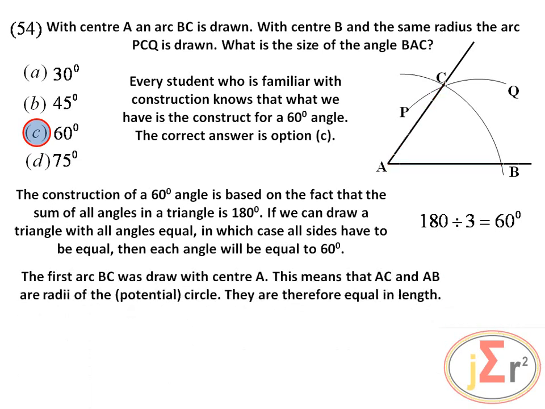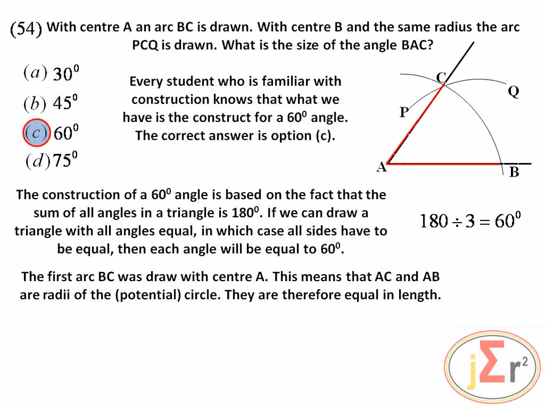The first arc BC was drawn with center A. There we have the arc BC. It was drawn with center A, but we are highlighting these two. Why? Because this means that AC and AB are radii of the same circle, and they are therefore equal in length.